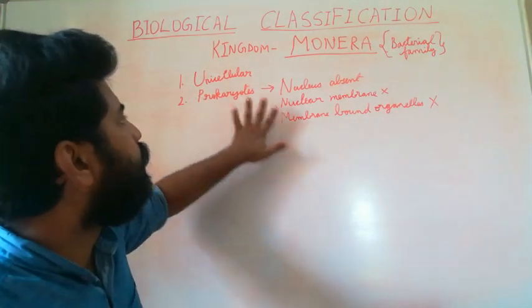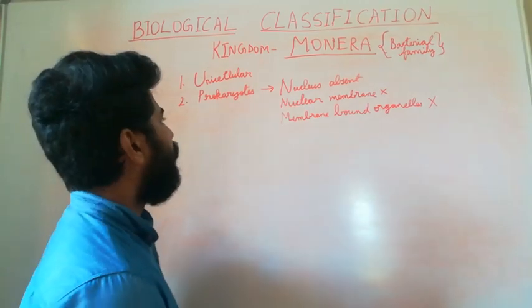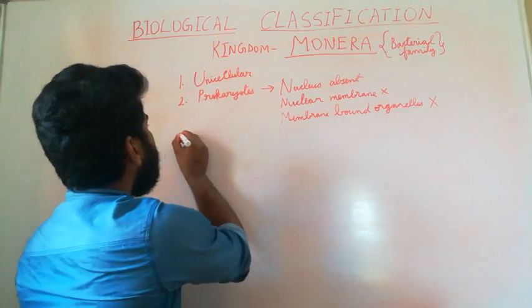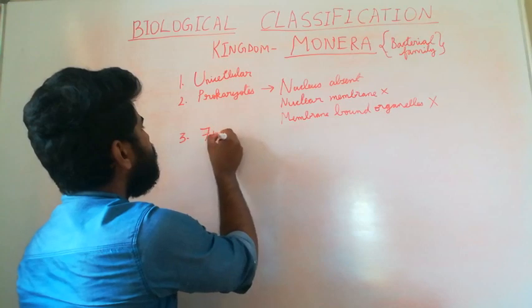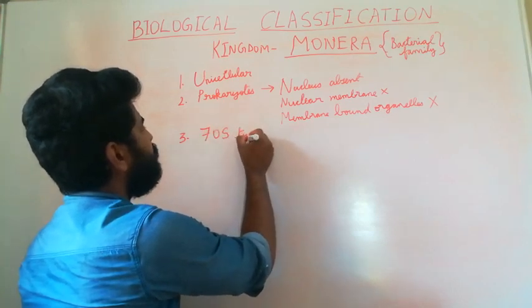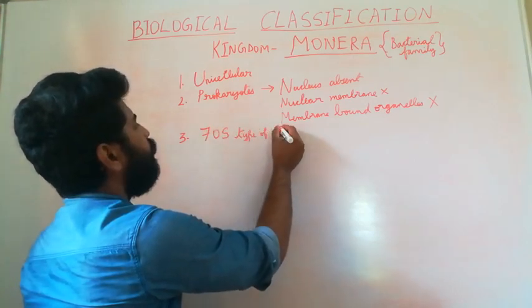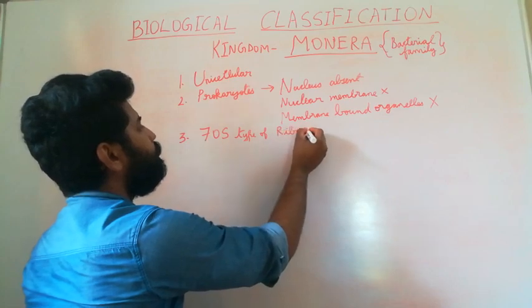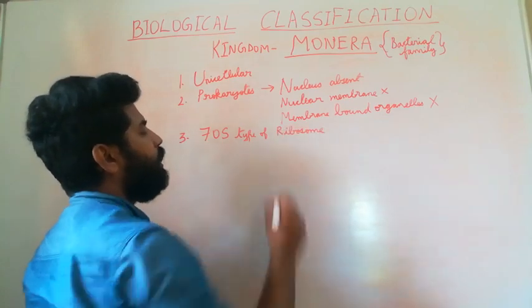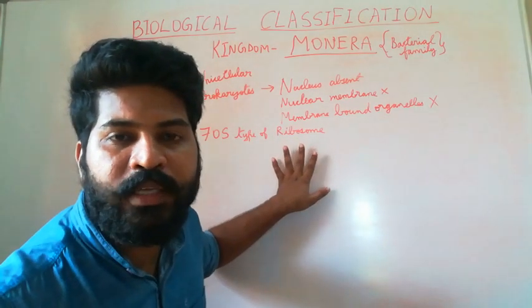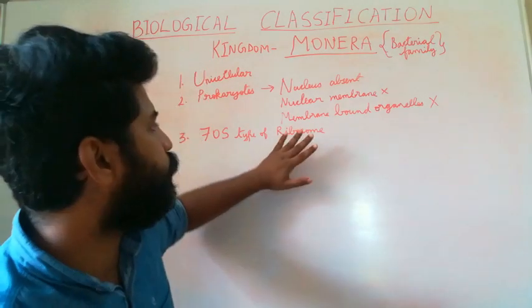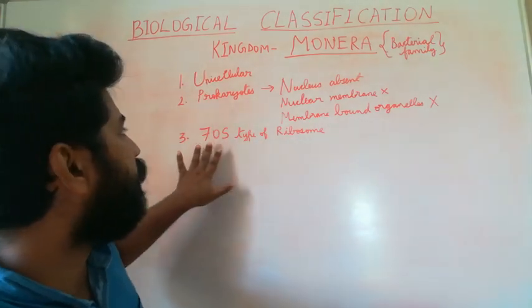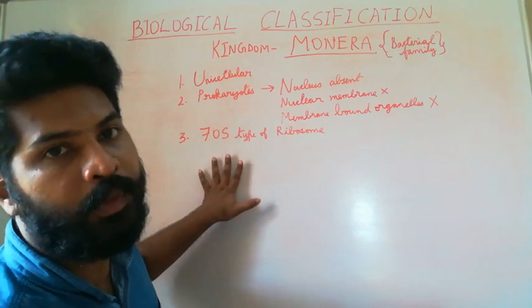So these are the prokaryotes, and the only organelle that they have is a 70S type of ribosome, which they use for manufacturing of proteins. So only ribosomes are present which are of 70S type.